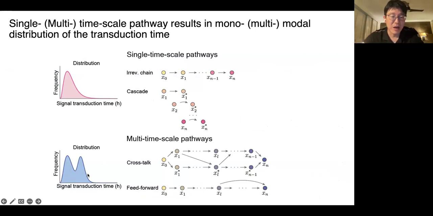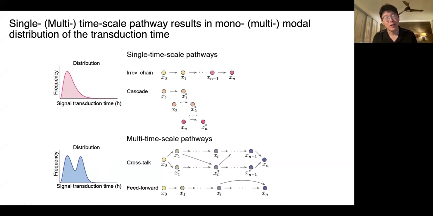But if the distribution is bimodal, what that means is there is some group of molecules which is generated in the short time scale, and another group of molecules which is generated in the slow time scale. In this case, we can imagine that there are two pathways. One is a very fast pathway, and another is a slow pathway to make the molecules.